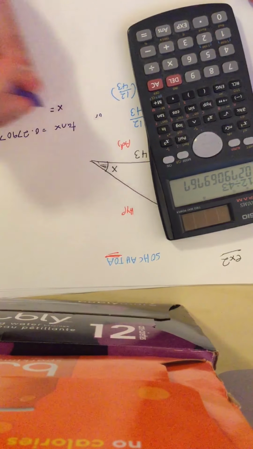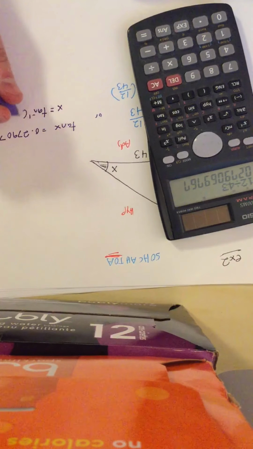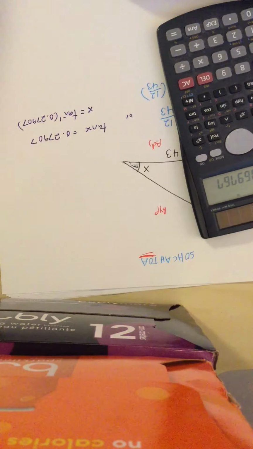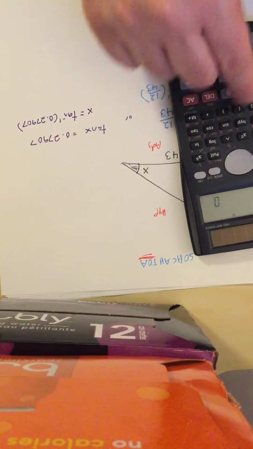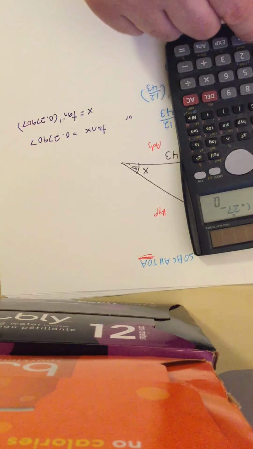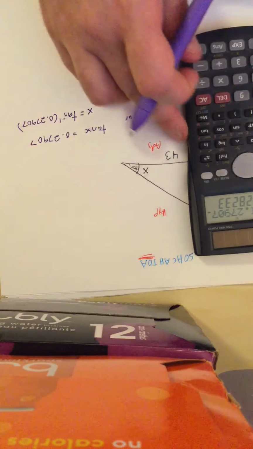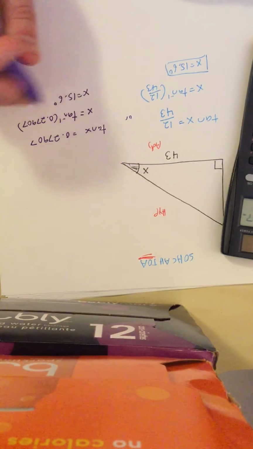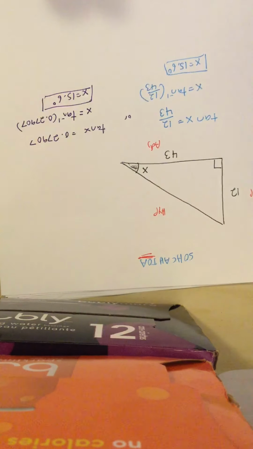So x equals the inverse tangent of 0.27907, which is, again, 15.6 degrees. It doesn't really matter how you do it. They both work out well.